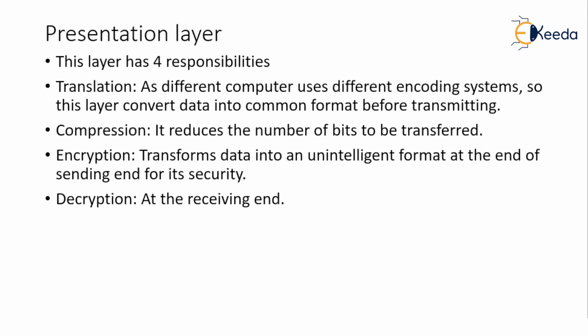Encryption is nothing but converting your human acceptable language into an unintelligible format, and that is done at the sending end just to maintain the security of the data. And then at the receiver's end, the decryption is done. That is, the unintelligible format of the message is then converted into the human acceptable format.